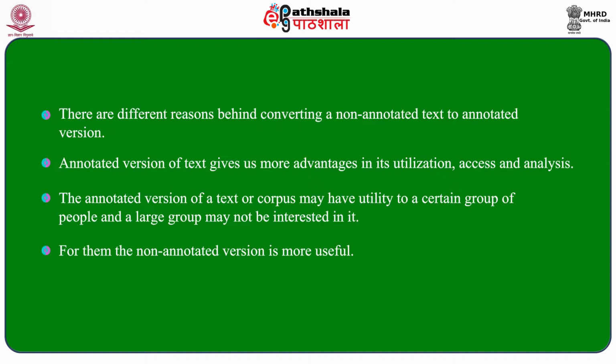But at the same time, we need to keep in mind very clearly that the annotated version of a text or a corpus may have utility to a certain group of people, and a large group of people may not be interested in the annotated version of the text. For them, the unannotated or raw version of text is a more useful resource than the other one.